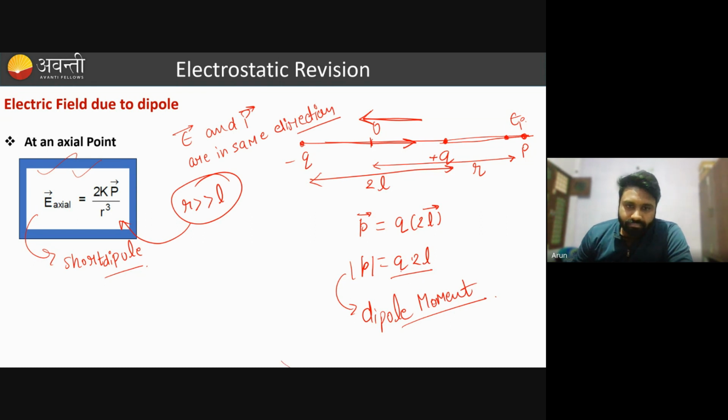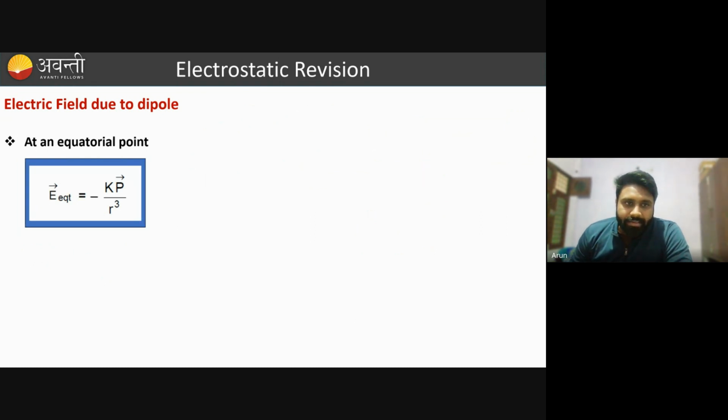Now, the equatorial position. This is the dipole we have, and this is the center. The equatorial position is the position perpendicular to the dipole, exactly on the perpendicular bisector of it.